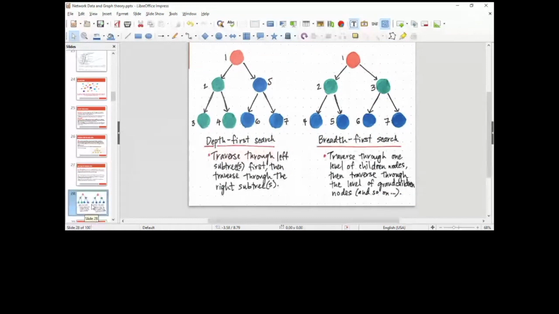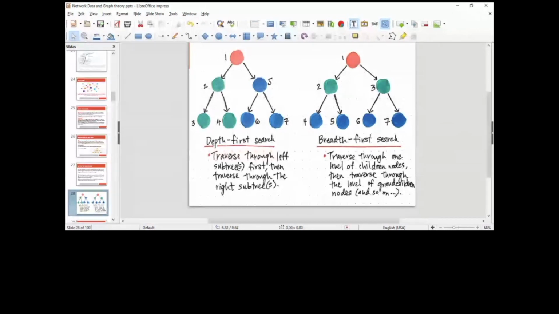So you can see the difference between breadth first and depth first. Depth first traverses through the left subtree first and then traverses through the right subtrees. Then breadth first traverses through one level of children nodes, then traverses grandchildren nodes in each.